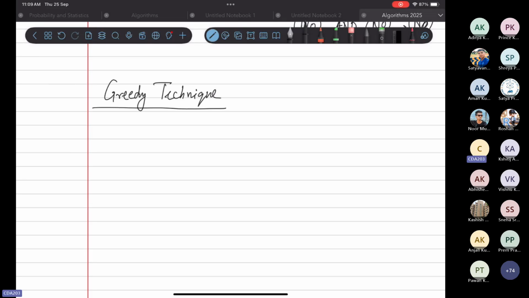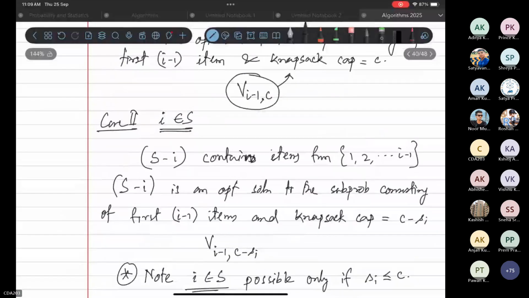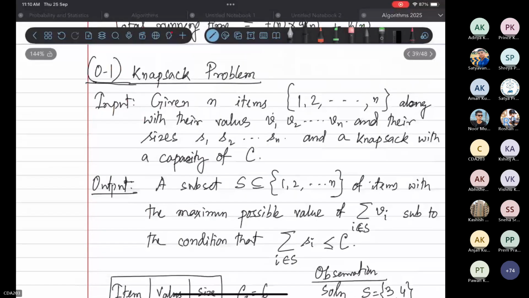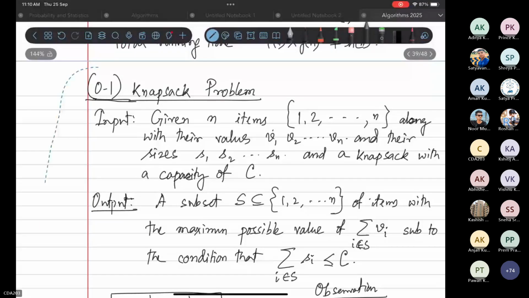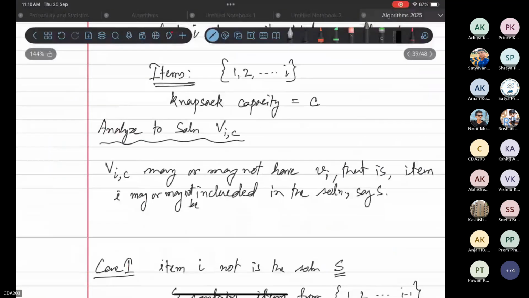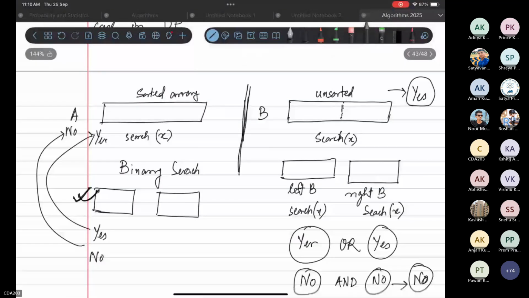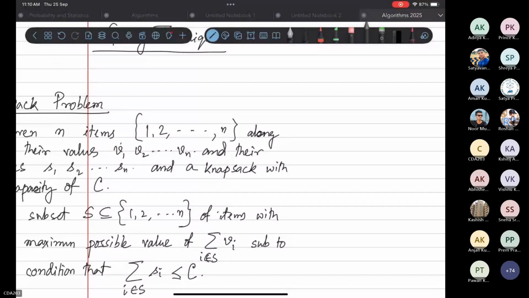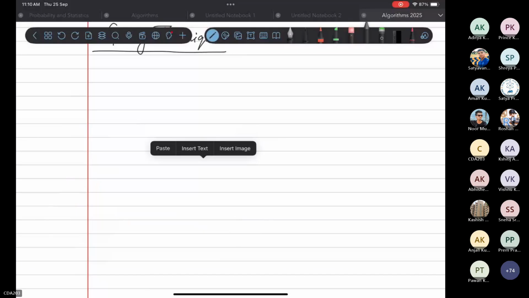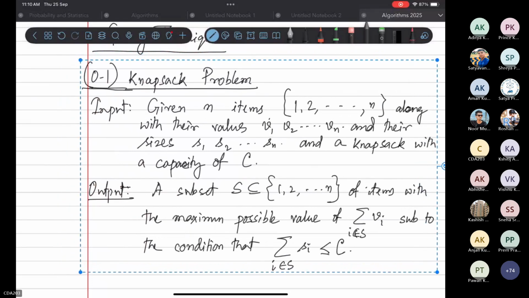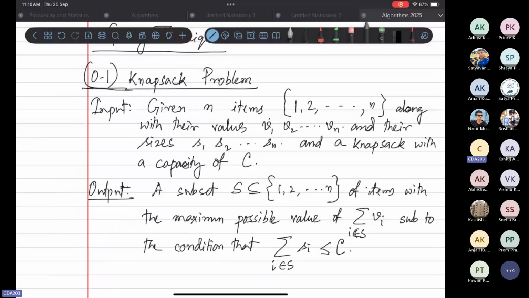So just quickly, I'll copy this. This was the problem of knapsack.